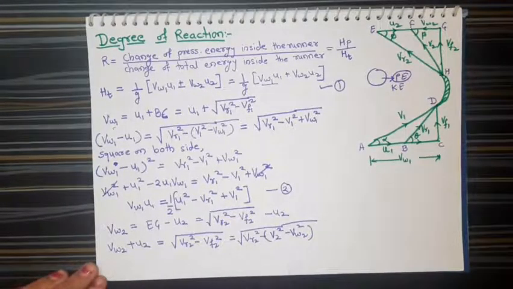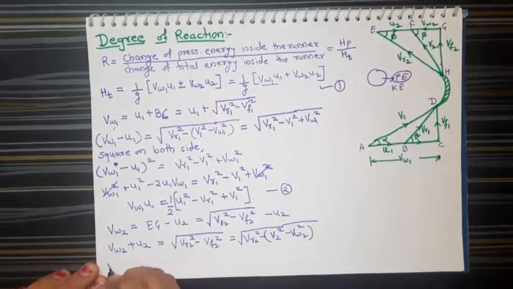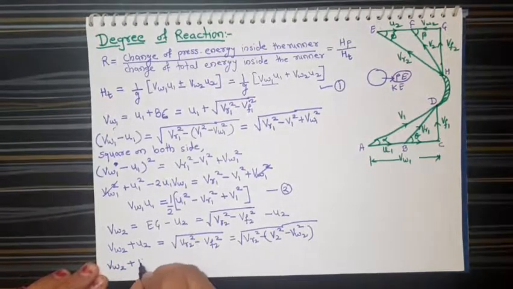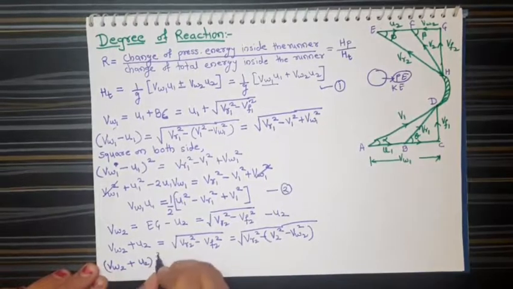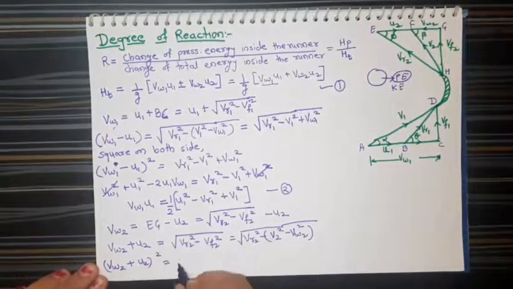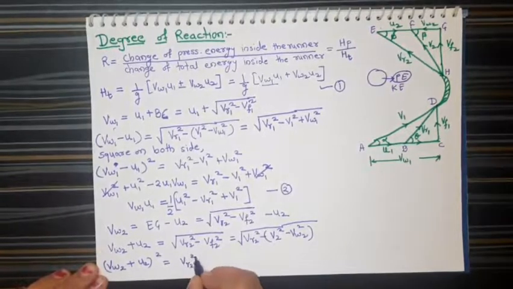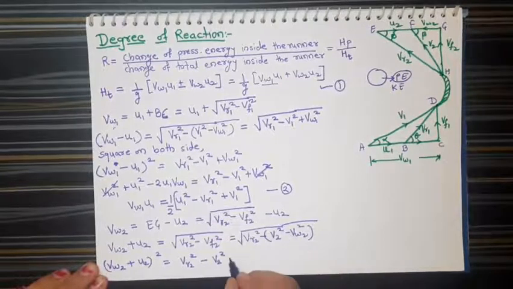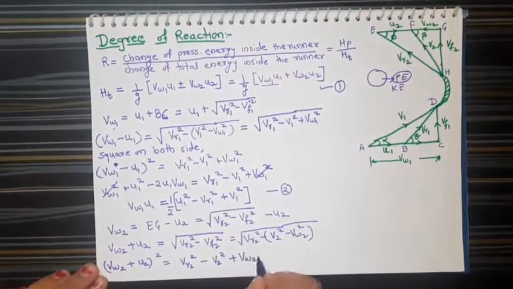Let's take the square on both sides. (VW2 plus U2) whole square, the square root sign will get cancelled, and it will become VR2 square minus V2 square plus VW2 square.